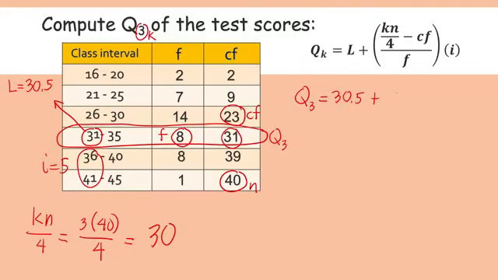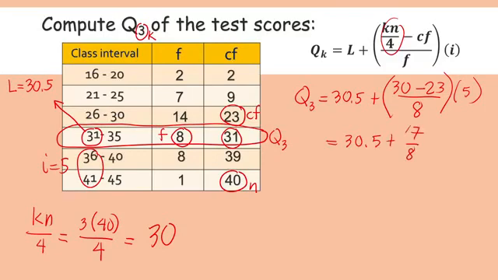Substituting everything to our formula, you will have 30.5 plus 30 minus the CF, that's 23, divided by the F, that's 8, times the class interval 5. So let's subtract 30 and 23. You will get 7. So what is 7 times 5 divided by 8? 4.375, sir.